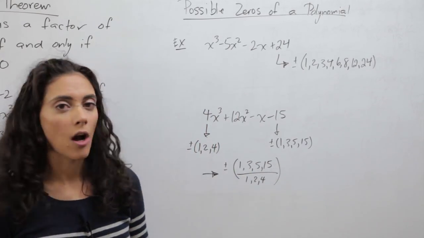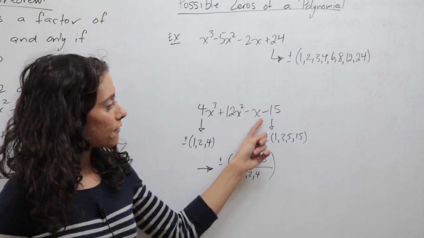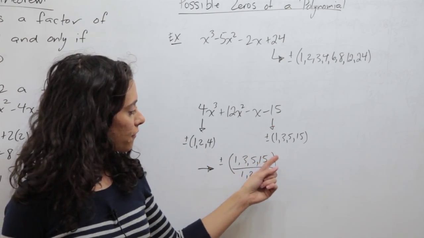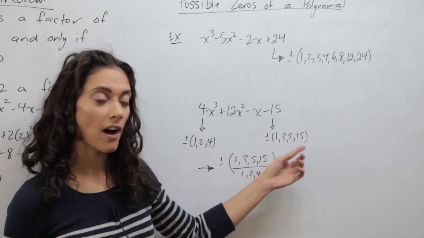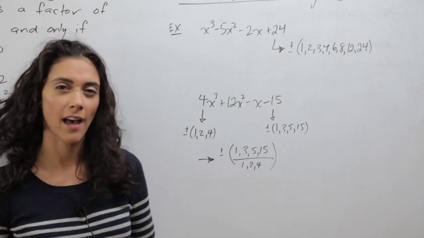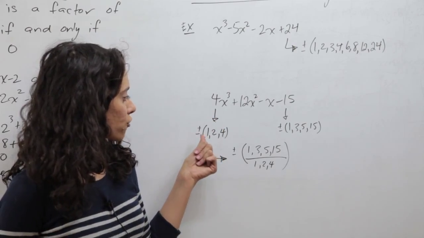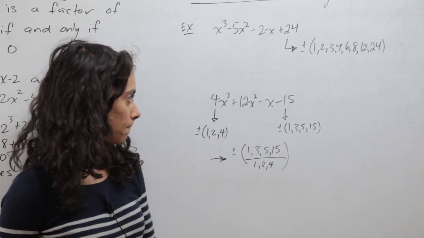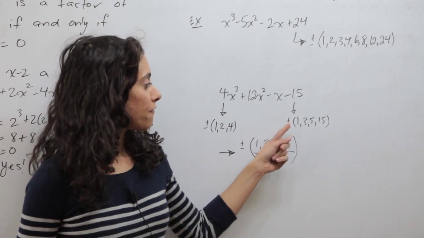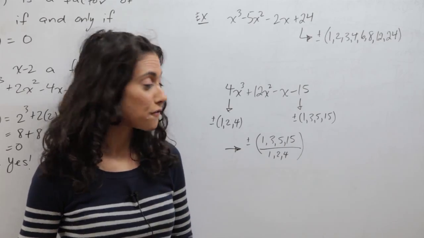Things get a bit more complicated when you have a coefficient in front. Once again, we look at the factors of the last constant term. Here it's 15. The factors of 15 are 1, 3, 5, and 15, positive or negative. And we also look at the factors of the first term, the leading coefficient. 4 has factors 1, 2, and 4. So all of the possible zeros of this polynomial are the factors of the constant divided by the factors of the leading coefficient.